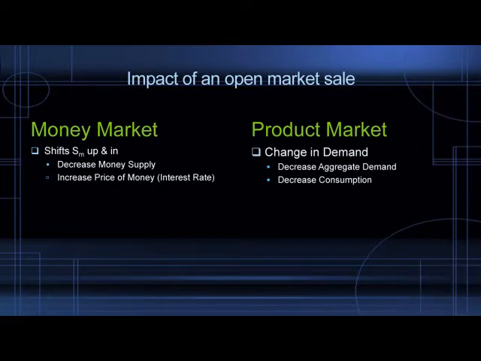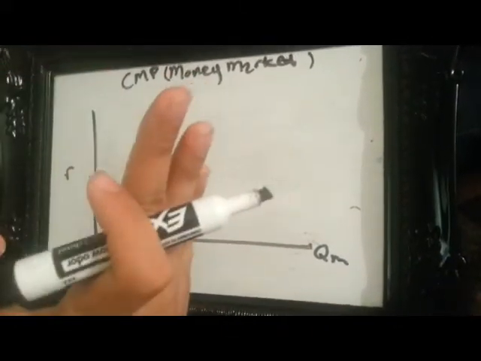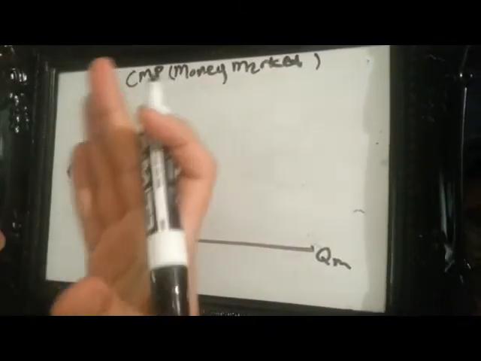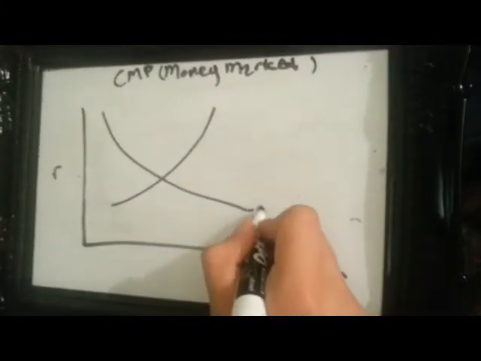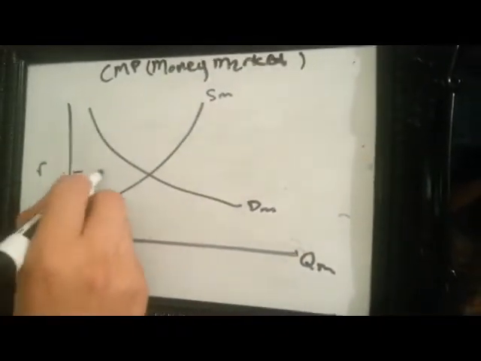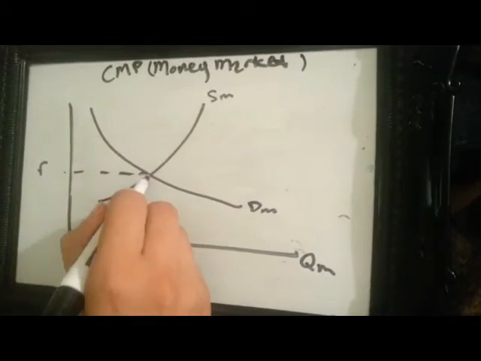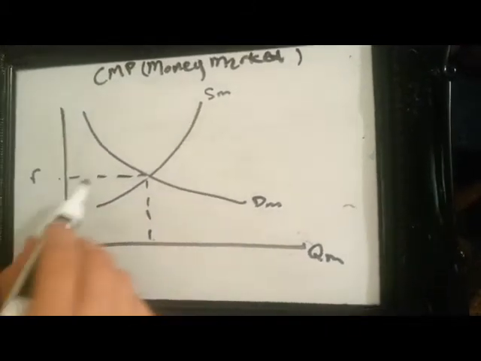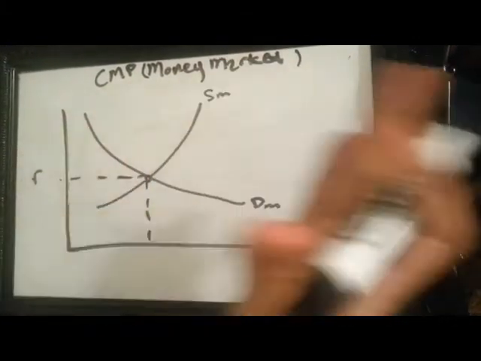And here's an example of an open market sale. The goal of contractionary monetary policy is you want to increase the interest rate. So if we draw our money market, we have our demand for money and our supply for money. Before I get ahead of myself, we have our initial equilibrium before we enact our policy.